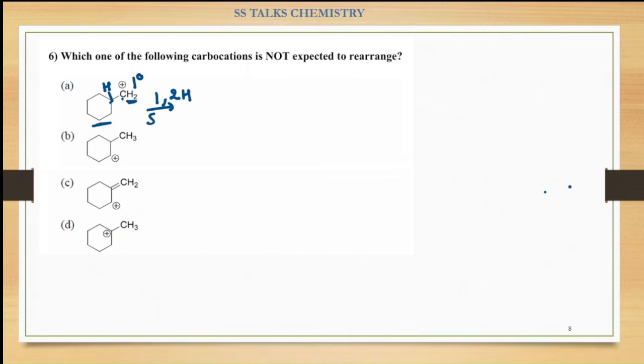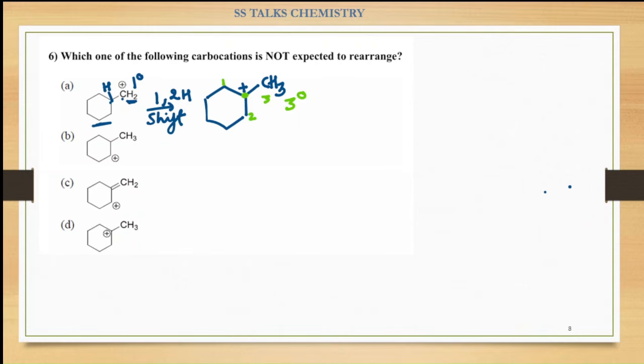After that, you will be getting the methyl species and a positive charge at this particular carbon. Now the carbon bearing the positive charge is further attached to 3 carbon atoms, so it is a tertiary carbon center. After shifting, I am getting a more stable carbocation, so rearrangement occurs in this case.